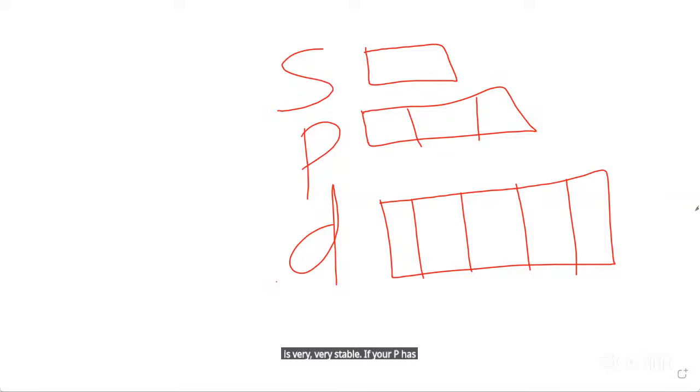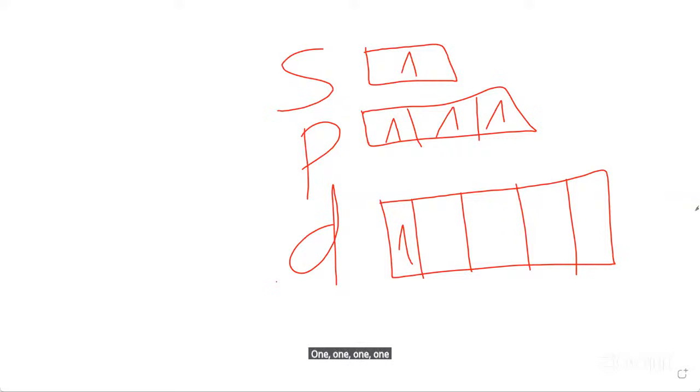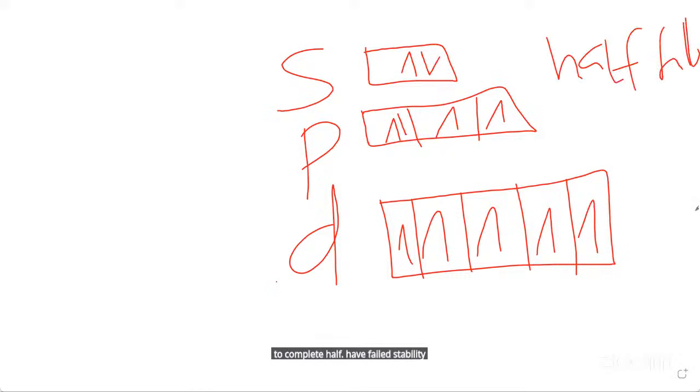If your D has 1, 1, 1, 1, 1, it is very, very stable. If your S has 2, complete stability. If your P has 2, 2, 2, it is very, very stable. The same thing with this. So that is actually what we mean by half-filled and completely filled stability.